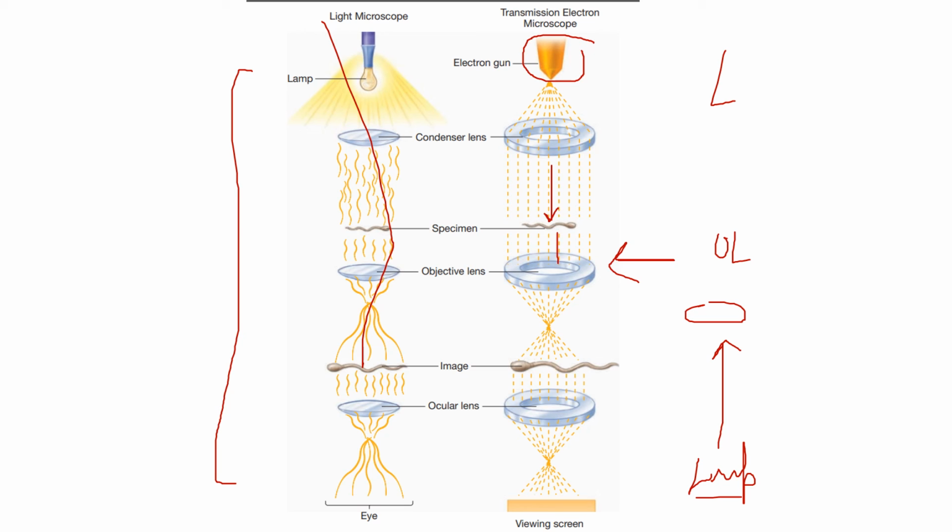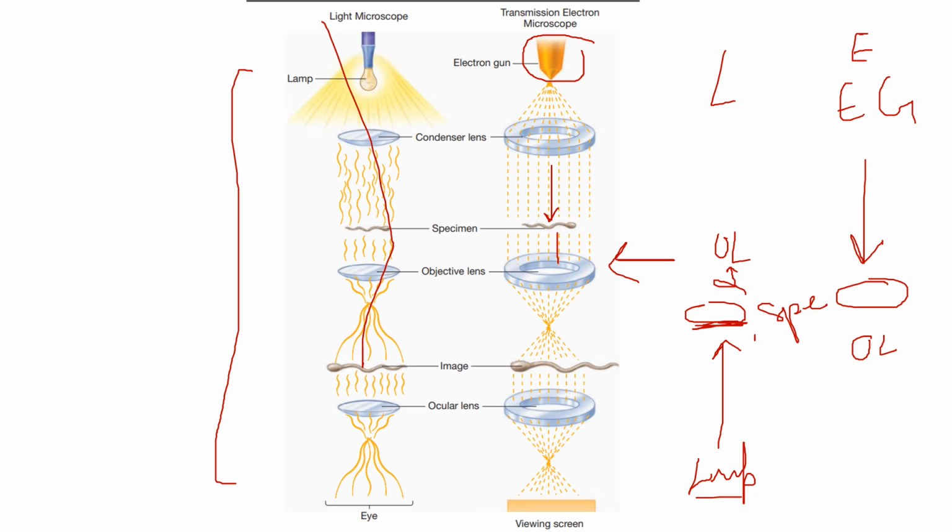Here we have the transmission electron microscope, whose electron gun, or in layman's language the light source, is over here, and so the electrons are hitting the specimen in this direction. So objective lenses are supposed to be placed here. Objective lenses are placed in such a direction that they're receiving the data coming from the specimen. These both are specimens.